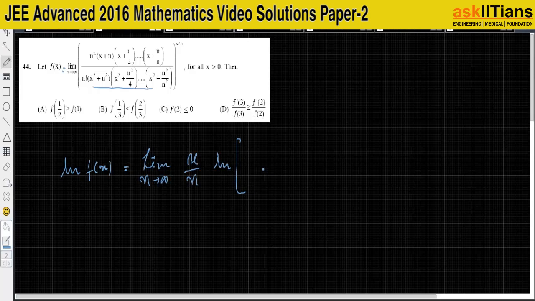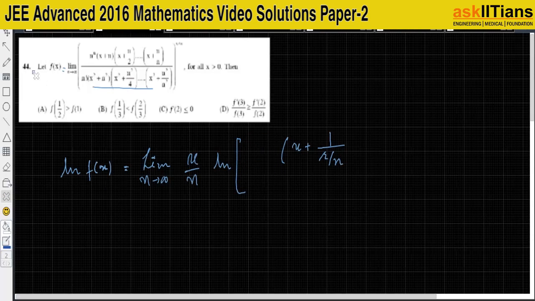Ln of this thing, and this thing is nothing but n power n times x plus. So what I can do is take n common from all this. If I take n common from all this, what will I get? I can write it like this: 1 plus the general term, which will be 1 plus r by n, if I divide by n everywhere.